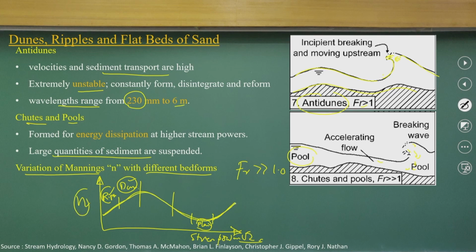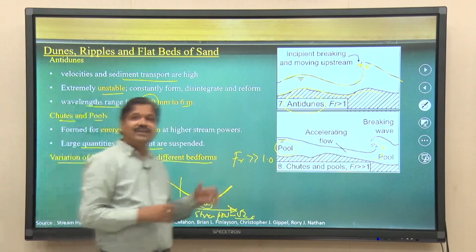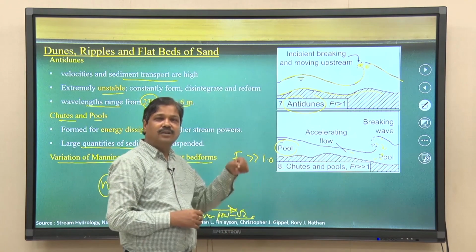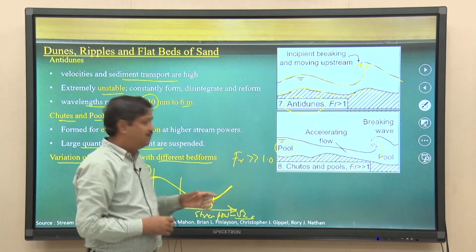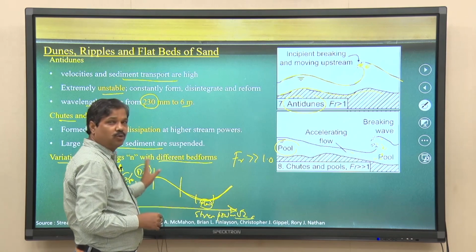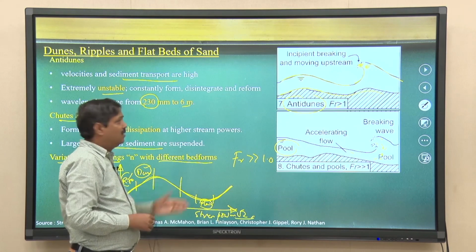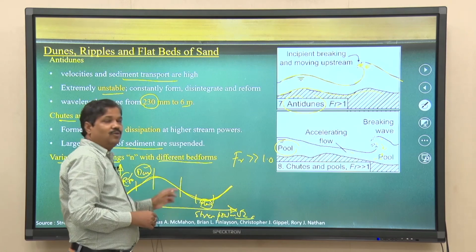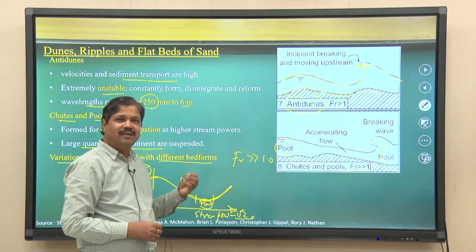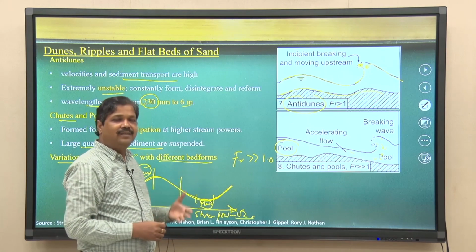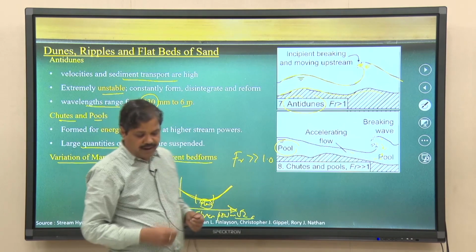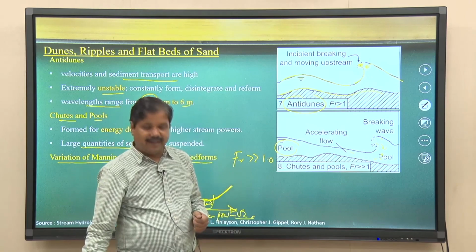That is what we should know. That is the reason rivers show a lot of nonlinearity in stage-discharge curves, because as the bed changes from ripples to dunes to antidunes to a flat plane surface, the n value also varies. As you can interpret from Manning's equation, the velocity and flow depth are related to n values, so simple n value variations are indicated by that.